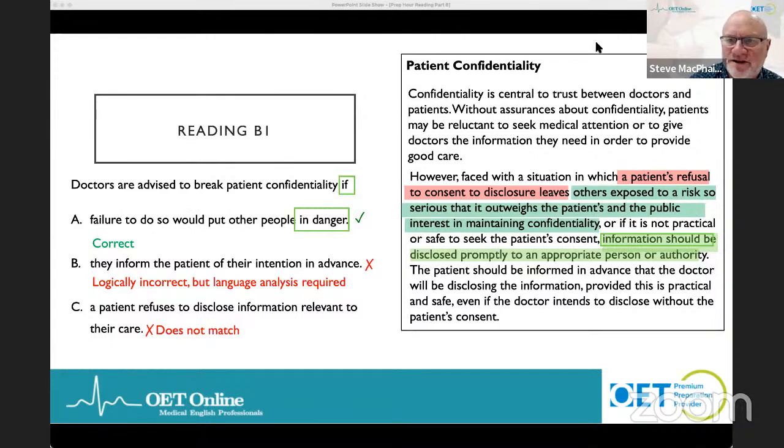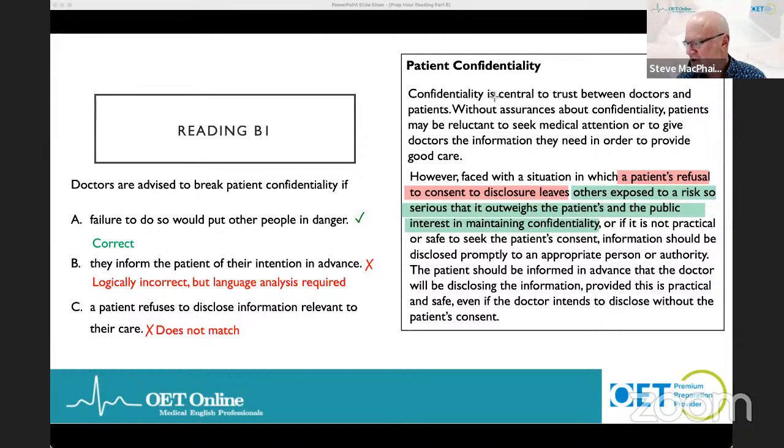Now, what I think this exposes, and does everyone agree with me? We must read at sentence level. We can't read at phrase level. So B and C were both there, but I think a lot of people in real life could choose B or C under pressure, but they're incorrect, right? They're incorrect because it's only a phrase and you must read the whole sentence to get the answer.